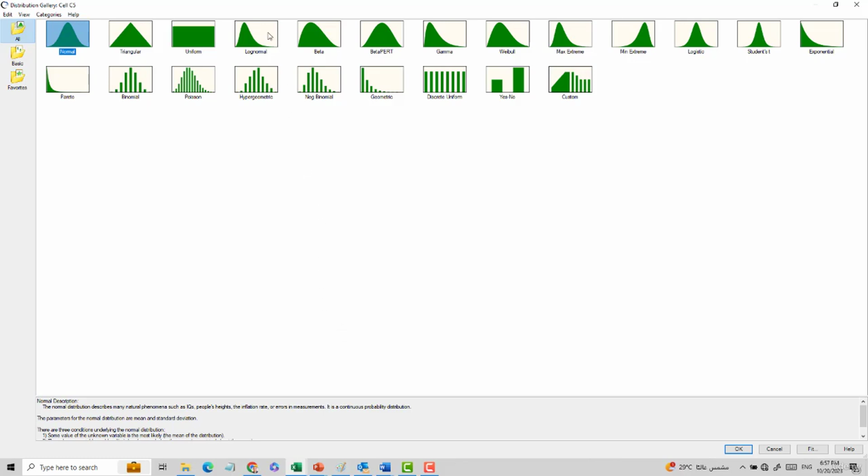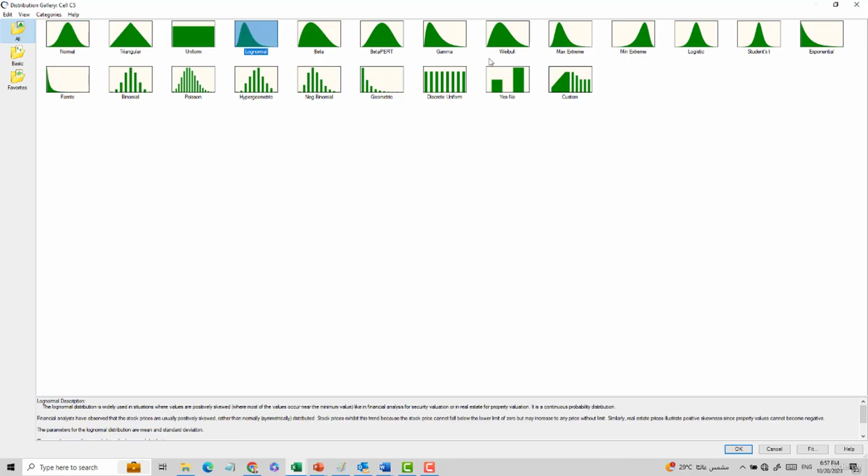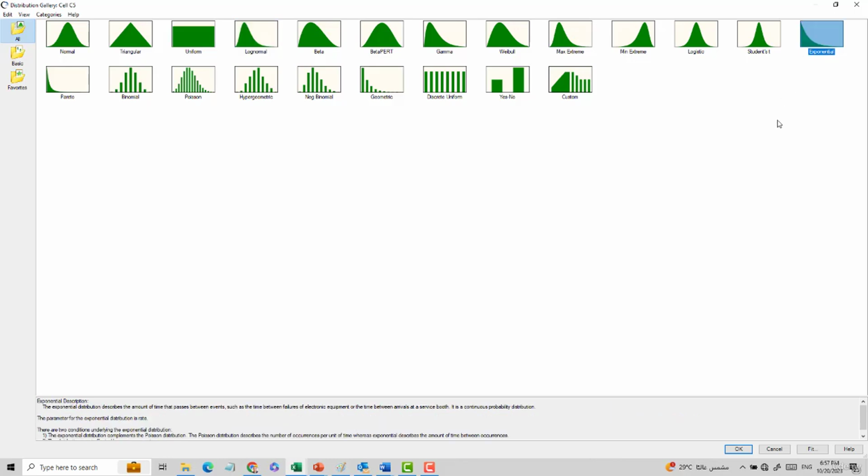Also the log normal distribution. In the case of the exponential, we define, for example, the communication, the average time between persons arriving at a gas station, as we discussed in detail in the probabilistic course.